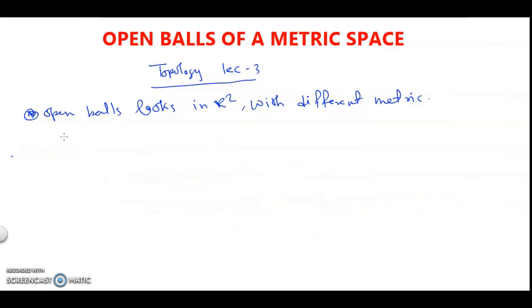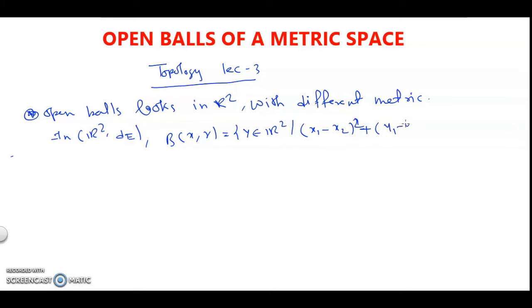So what we have got is, in R2 with the Euclidean metric that we have defined, every open ball looks like B(x, r) equal to all y belonging to R2 such that (x1 minus x2) whole square plus (y1 minus y2) whole square is less than r.